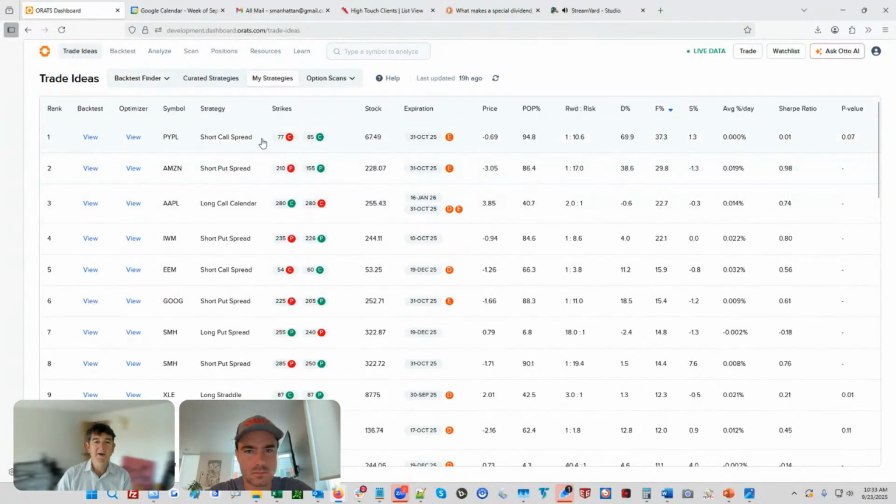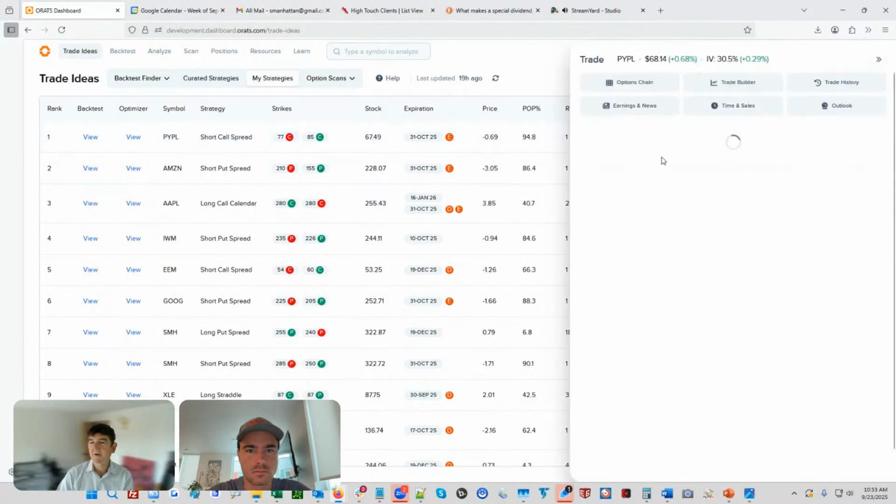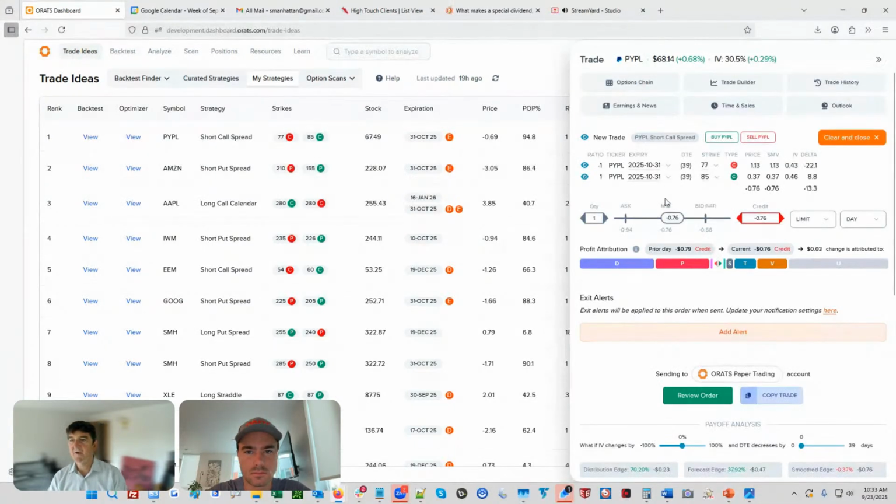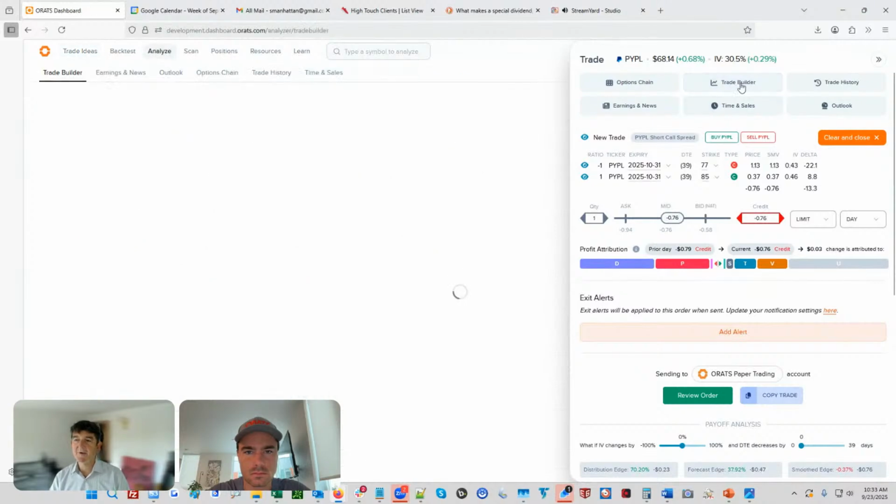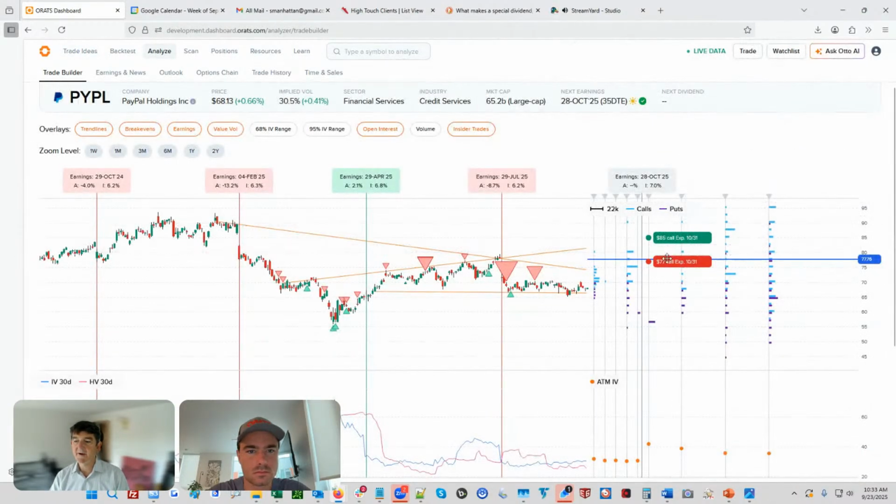So we'll look at a short call spread in PayPal, and I could click on this. It feeds it to the trade builder, so I can make sure that it looks okay. The unfortunate thing is it's past earnings, which I could tell, but still, it looks like it's enough out of the money, and we might want to have an alert before earnings and see if we can potentially get out of this one before earnings.